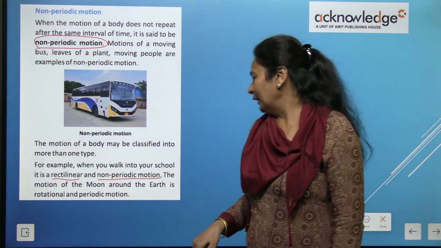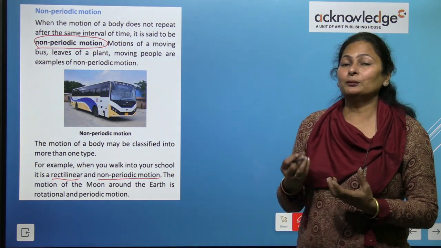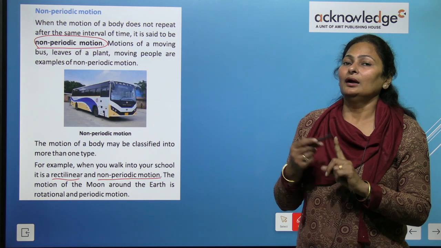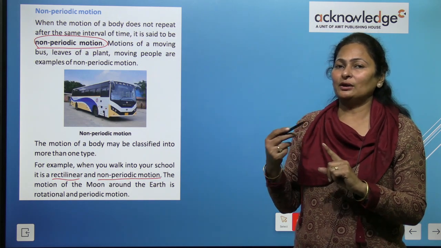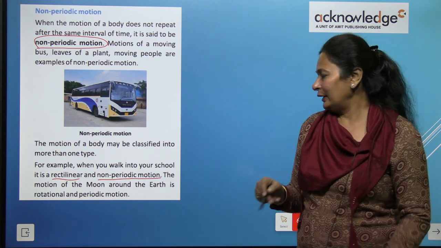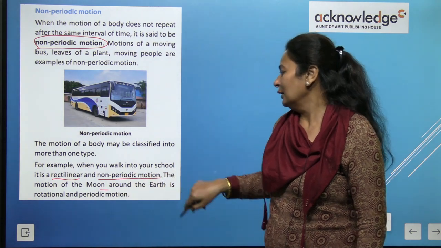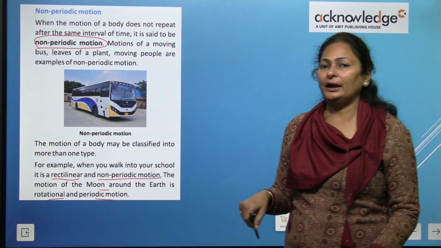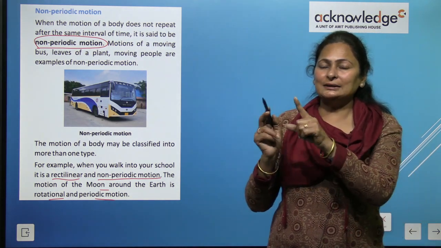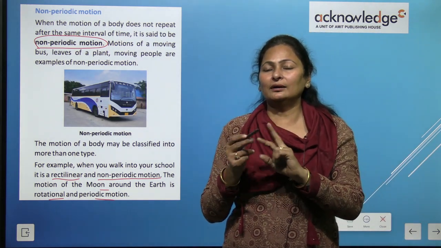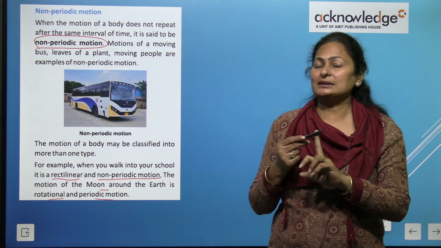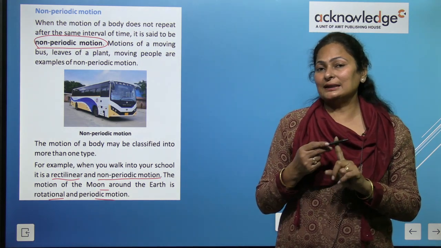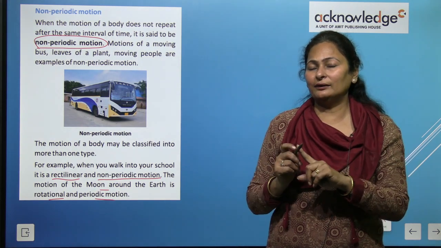Now the motion of the moon. The moon rotates or revolves around the earth, right? It revolves around the earth. So it is again a rotational and periodic motion. It takes the same time. As I told you, the earth takes 365 days and 6 hours to complete one revolution.